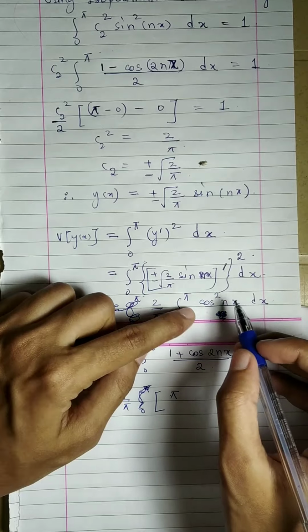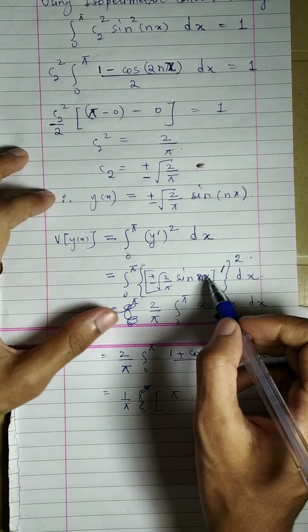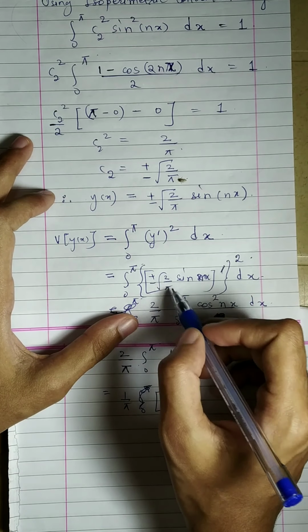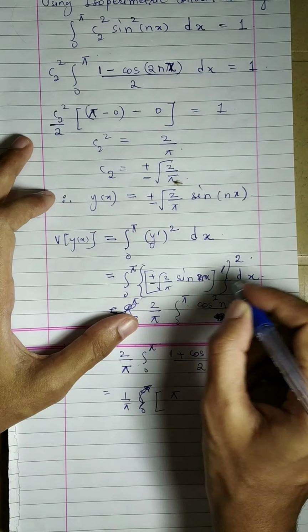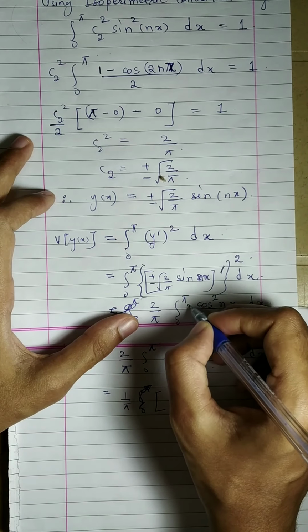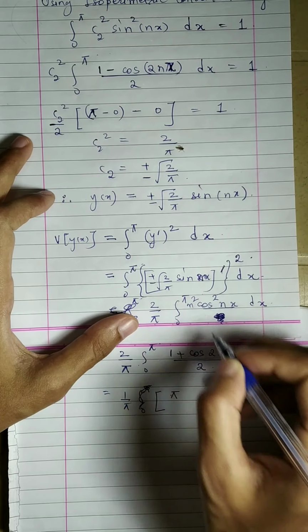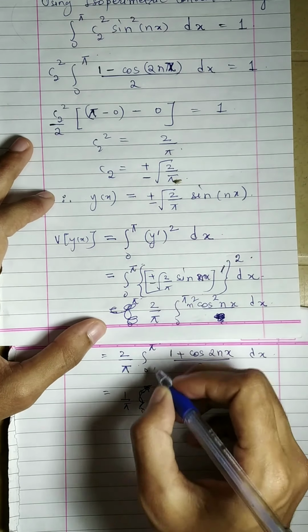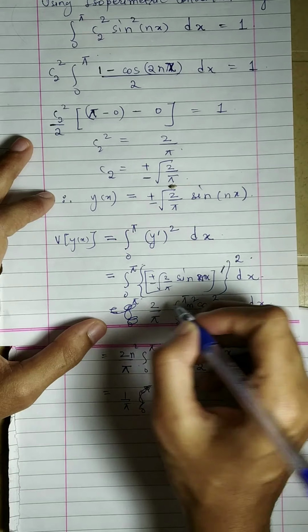Oh yes, I think I have made an error here. While differentiating this, it will be sin nx, n into cos nx, and then it should be n square into cos square nx. Okay, so that n square term will be there and it will come out, n square.